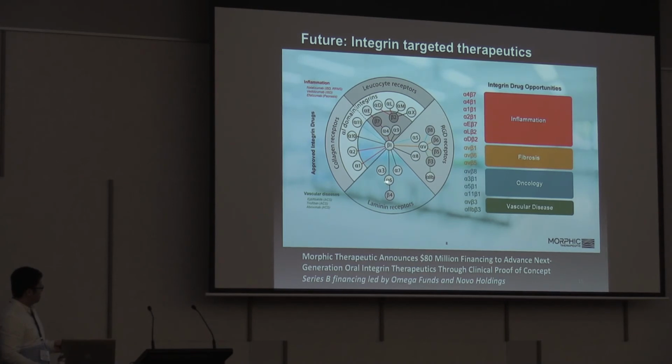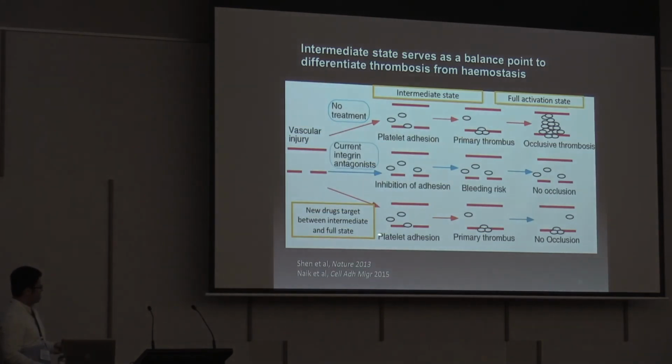As this diagram summarized from Morphic Therapeutics shows, the available integrin drugs are mostly antagonists that bind to extracellular domains, and these inhibitors or antagonists usually strongly, completely block integrin functions, and that can cause side effects. In the thrombosis context, most current integrin antagonists cause severe bleeding.